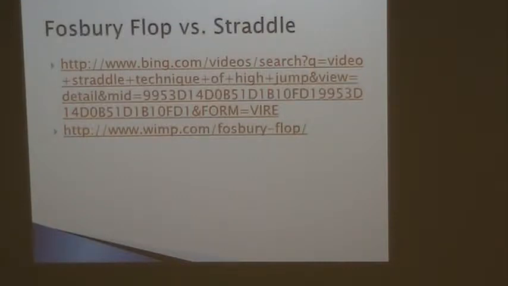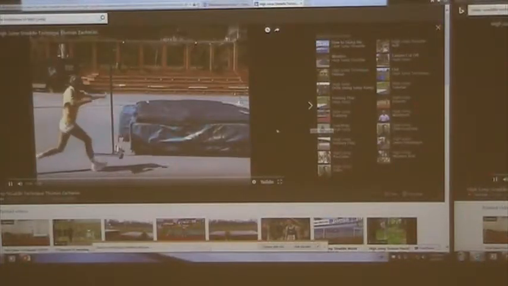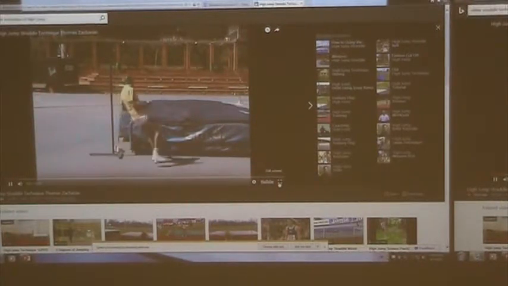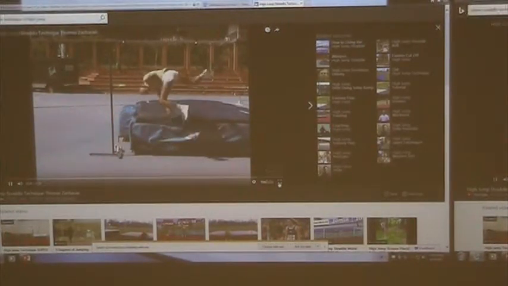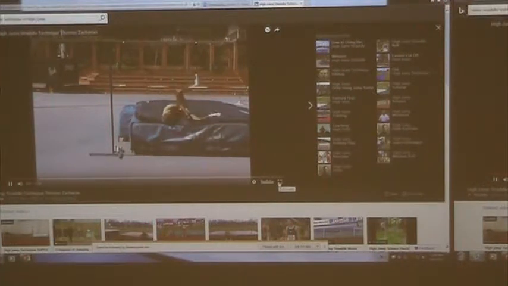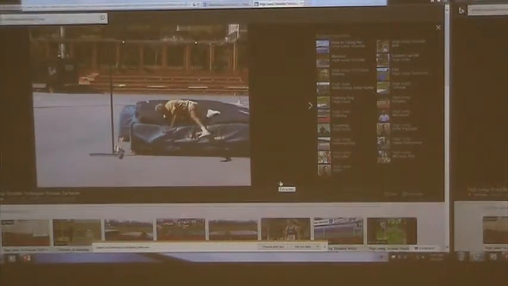And this is what it looks like. I wanted you to see this so you know how to compare it to the one you've always seen. So here is the straddle method. The jumper takes off, and they're trying to essentially get their whole center of mass over the bar.